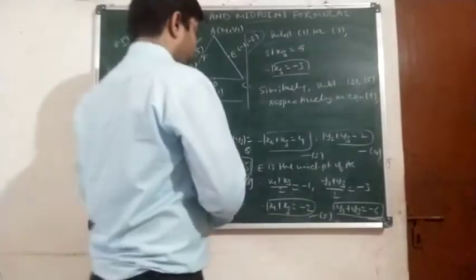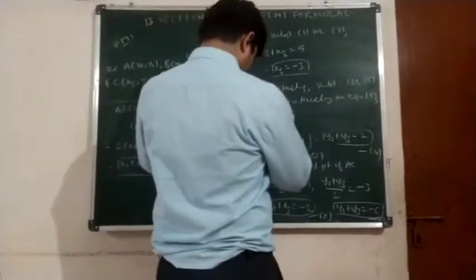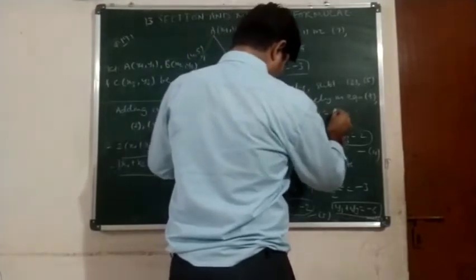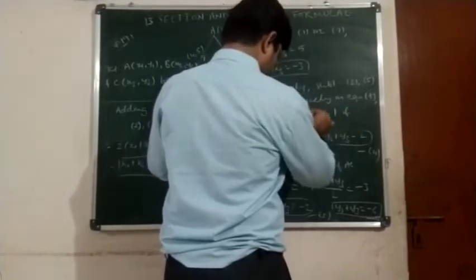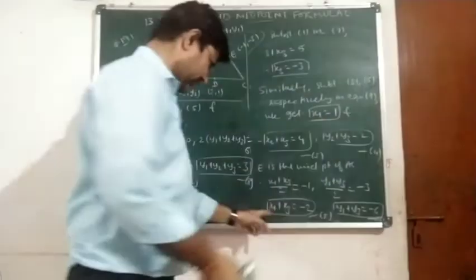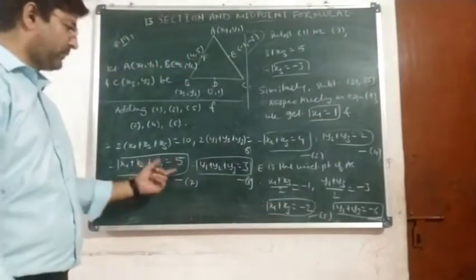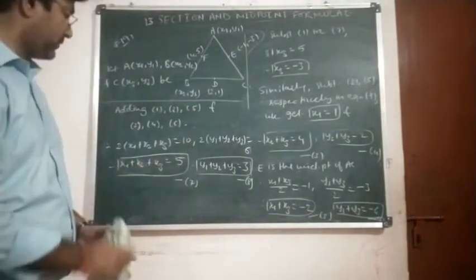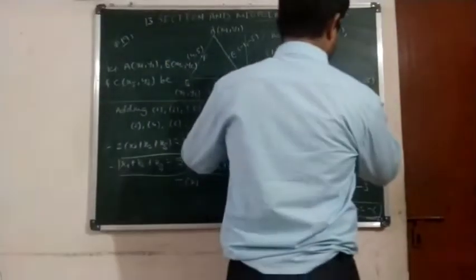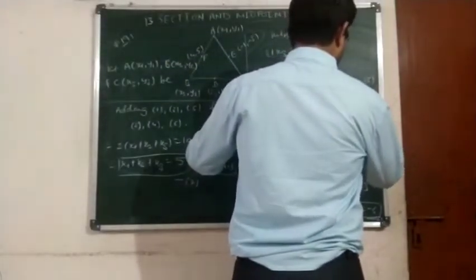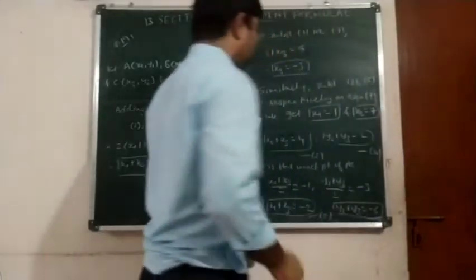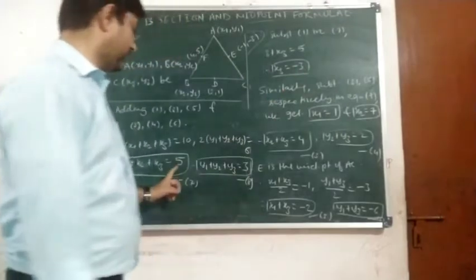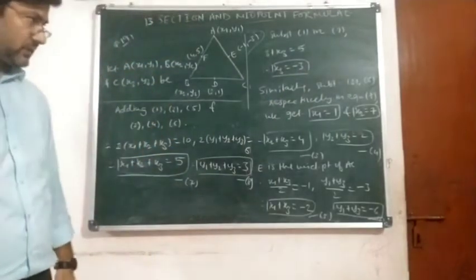Yes or no? So we will get x1 is equal to 1. Then x1 plus x3 is minus 2, so x2 minus 2 is equal to 5, so x2 is equal to 5 plus 2, that is 7. So x2 is equal to 7. Clear? Now 7 plus 1, 8, and 8 minus 3 will be 5. So our values of x1, x2 and x3 are right.